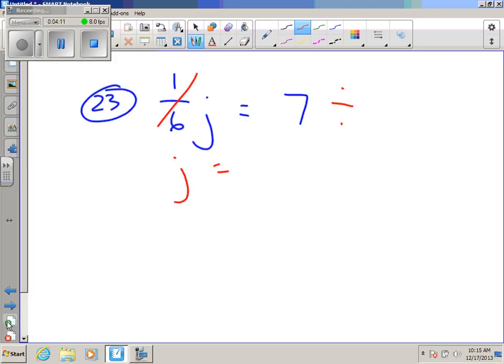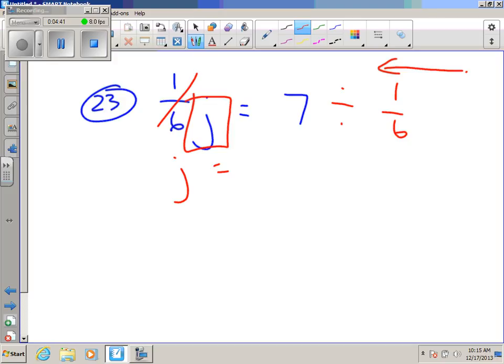And if I go right ahead and just write this right after, if I know I'm going to divide by 1/6, I go ahead and I put it there. Which is the second fraction? Which one is the second one? 1/6. We don't all of a sudden go this way because you've got j over here. You don't go that way and decide you're going to flip the 7.